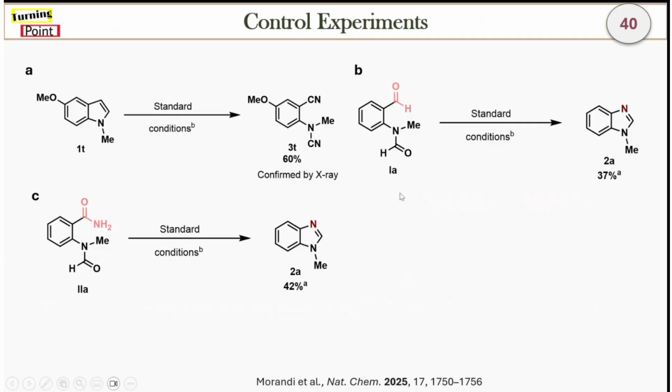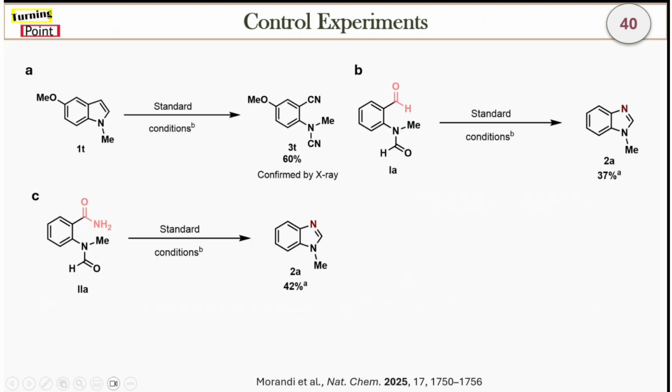In the presence of an oxidizing agent, it can form this amide bond through oxidative amidation. So for that, they directly took this intermediate and applied their conditions. In this case also, they got this nitrogen atom swapped product with similar yield.